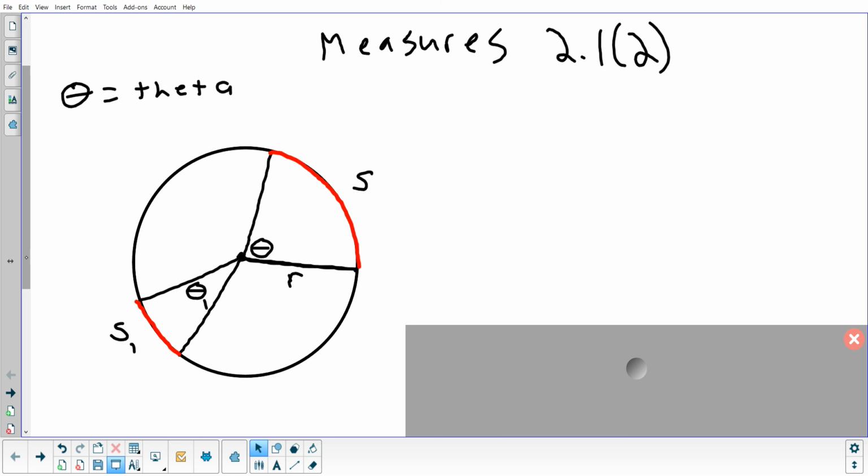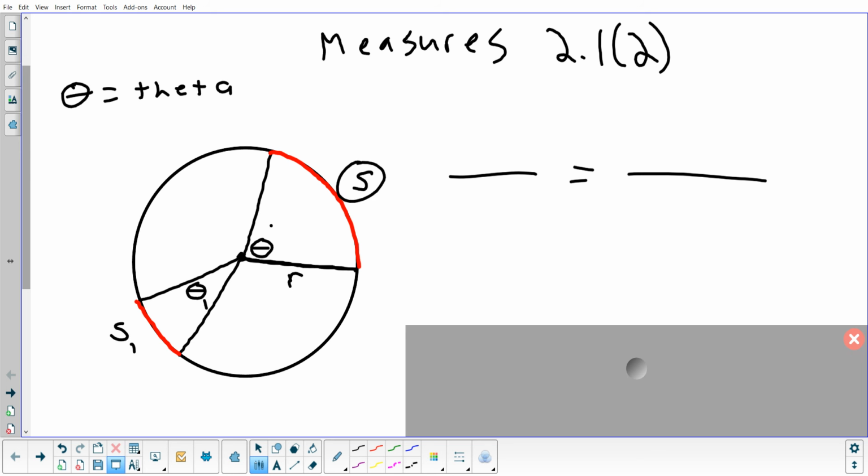So let's set up a proportion. In a proportion, you have four things you have to fill in: a numerator and a denominator on the left, numerator and denominator on the right. These are the four things we're going to fill in. And again, the only reason I can set up a proportion right now is because I showed you as one thing changes, the other thing changes exactly the same way. Arc size and angle size are directly connected to each other.